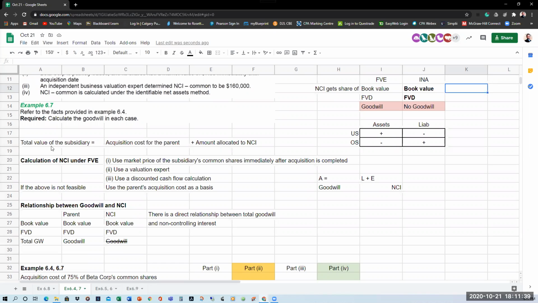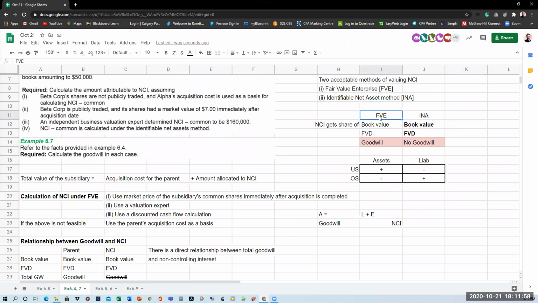So on the date of acquisition, the total value of the subsidiary consists of the acquisition cost for the parent company and the amount allocated to non-controlling interests. Now, how is this amount calculated? The fair value enterprise method is the default under IFRS 10, okay? So under IFRS, if there's no election made, fair value enterprise will apply, okay?